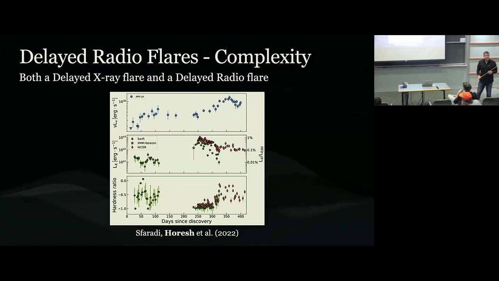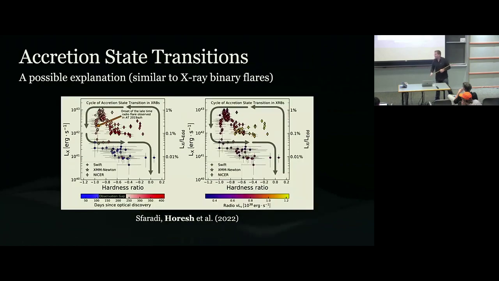And again, this is something that we see in X-ray binaries, which are obviously totally different systems and totally different scales. But in X-ray binaries, you see this kind of scheme that describes the evolution in X-ray, in the luminosity and hardness ratio. We see something similar, but that is not exactly matching this cycle.